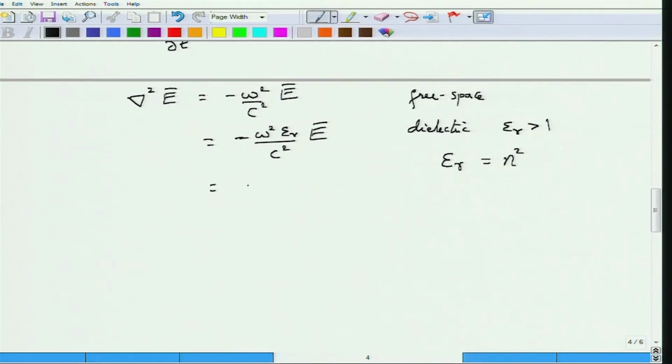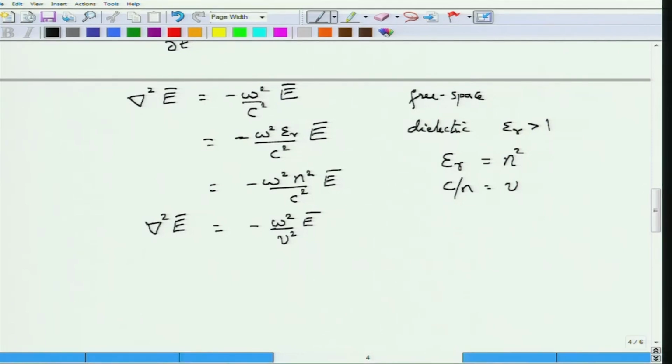Therefore I can write this as minus omega square n square by c square electric field, but c by n is actually the velocity of a wave or light inside a medium of refractive index n. So if I define c by n as v, I can write this as minus omega square by v square into E. These are all different forms of the same equation, because sometimes using this becomes easy.